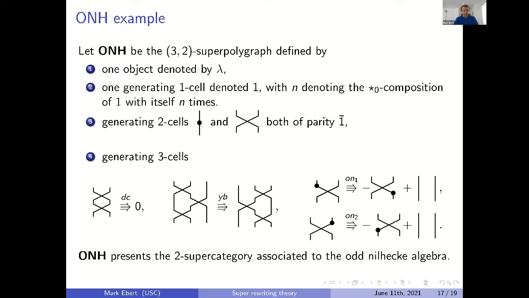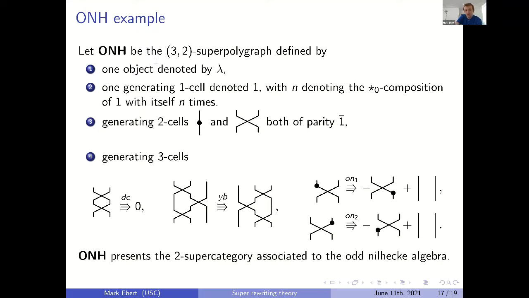If you're familiar with the diagrammatics of the nil Hecke algebra, the odd-nil Hecke algebra, these are basically orienting the relations of this algebra, of the superalgebra. And in my work, we show that this superpolygraph is convergent.